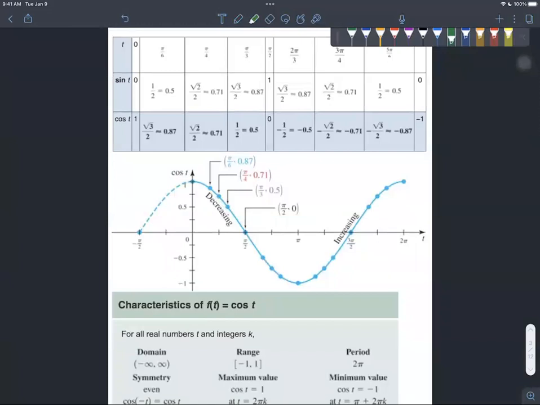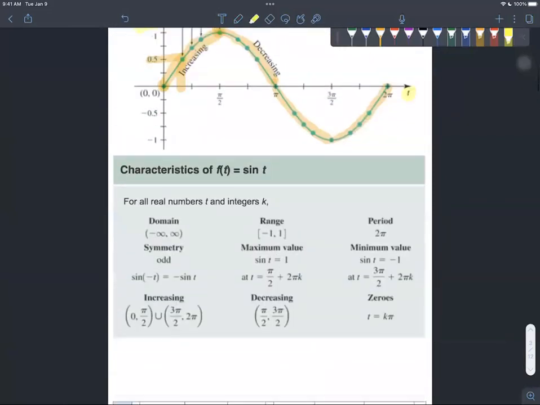It's a good idea to know just the basic shape of the graph. Later when we graph these, we're going to transform this basic parent function. So cosine starts at a maximum and decreases to a 0. Then it decreases to its minimum, increases to another 0, and then increases to its maximum to repeat again.